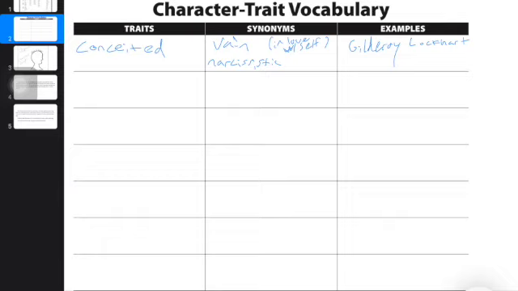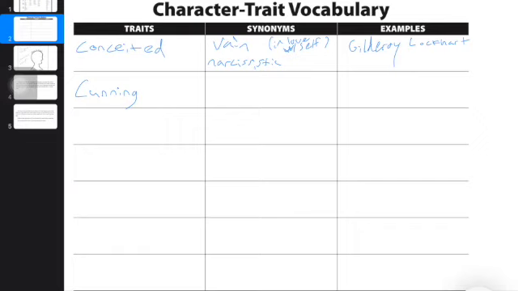And we're going to look at the character trait of cunning. What does it mean to be cunning? What is a word that you guys would think of when you think of cunning?